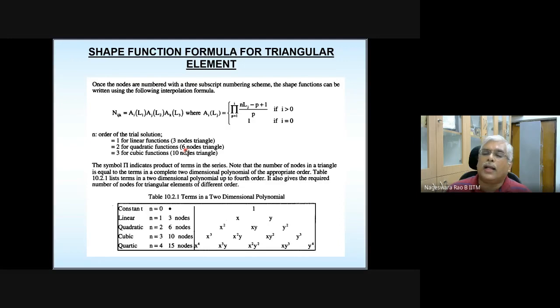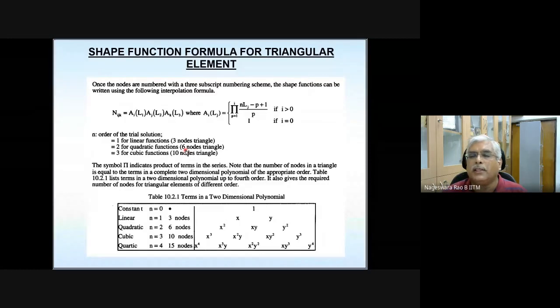So once you got L1, L2, L3 labeling, after multiplying with a whole number if required, that if required is emphasized, okay? That you need to do only if required. Once you get this labeling, apply this formula. While applying this formula, you identify the appropriate value of N. For 6 node triangular element, N is equal to 2.